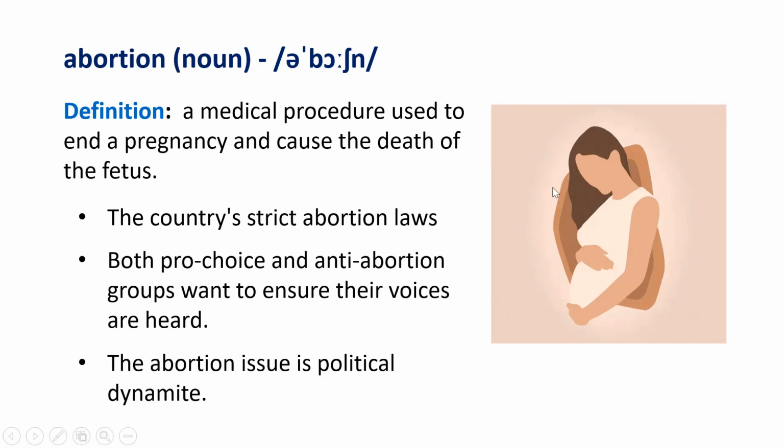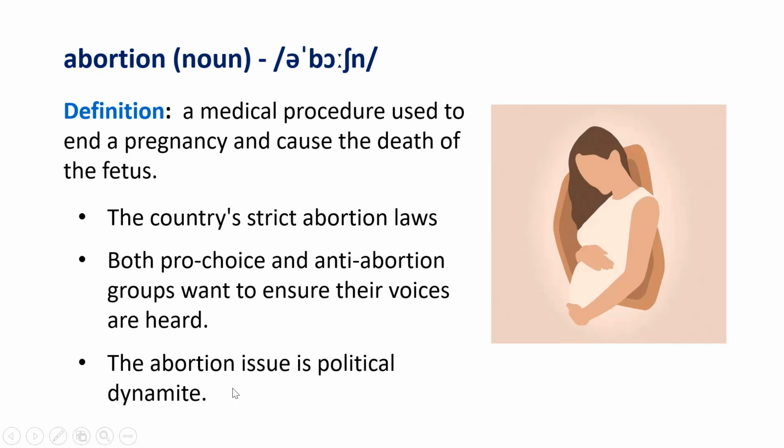Okay, and we have another example of how we use the word abortion: the abortion issue is political dynamite. Here you need to understand the word dynamite. Dynamite is a kind of thing that can cause explosions. Socially, people use so much dynamite in the world when they want to kill their enemies.